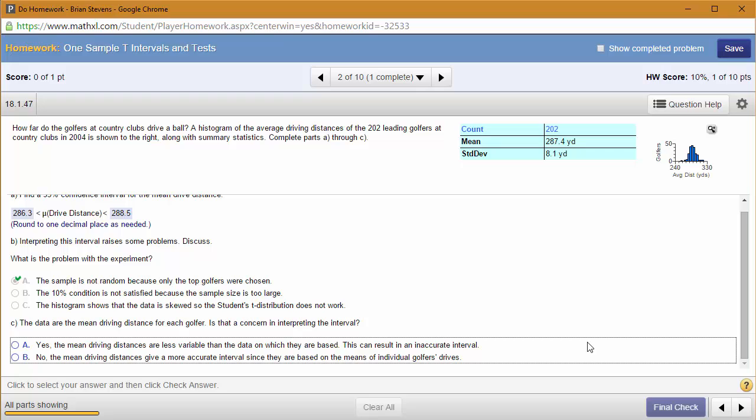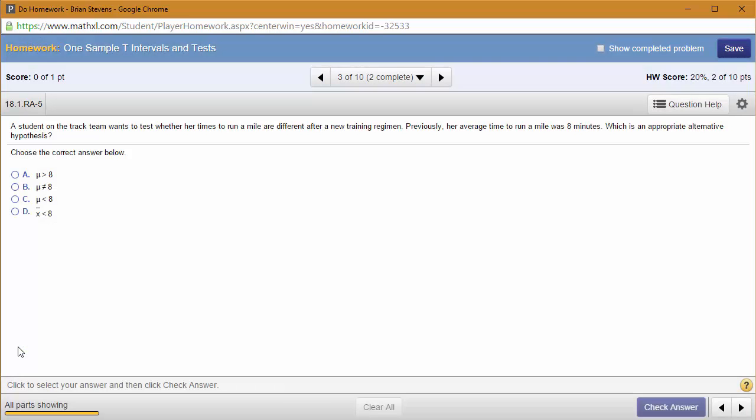Continue on here. The data are the mean driving distance for each golfer. Is that a concern in interpreting the interval? When you think about this, with the means right here, this is going to show us what we would expect on average from each golfer. So there's going to be less variability in this, because if we're trying to figure out the average driving distance, then we really want to see that variability.